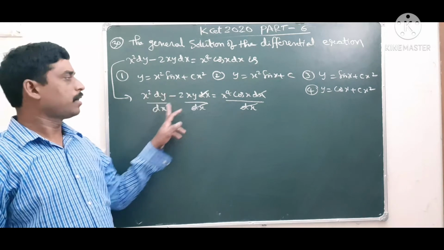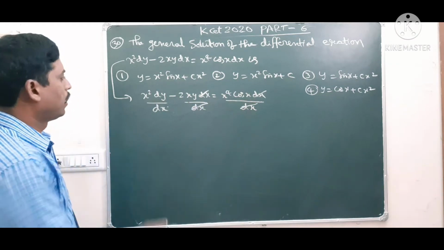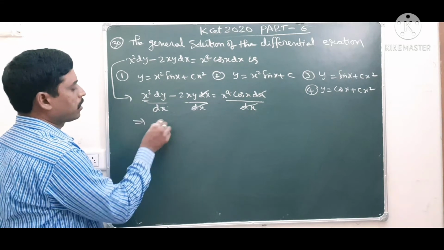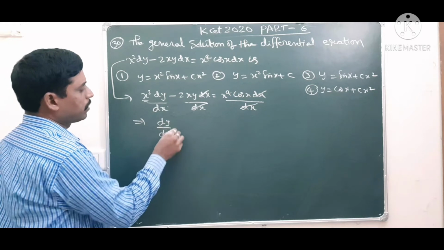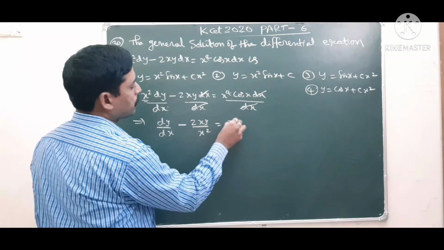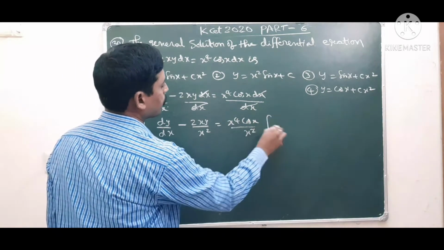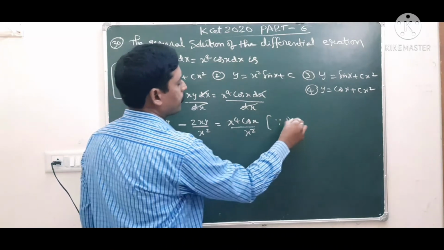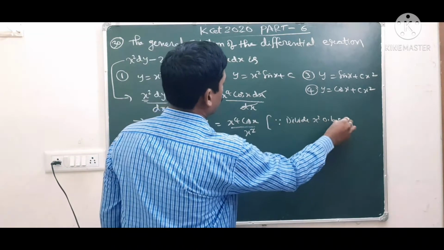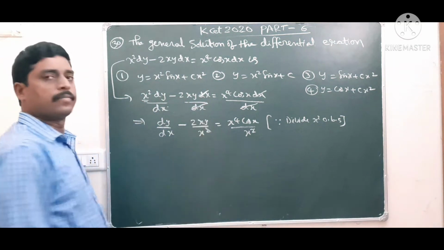So x square dy by dx minus 2xy is equal to x to the power 4 cos x. And the dy by dx coefficient is x square. So divide by x square also on both sides. Minus 2xy by x square is equal to x to the power 4 cos x by x square. So one x gets cancelled.